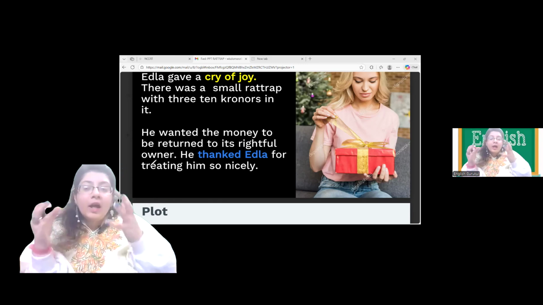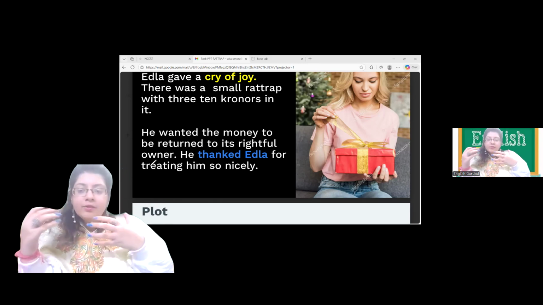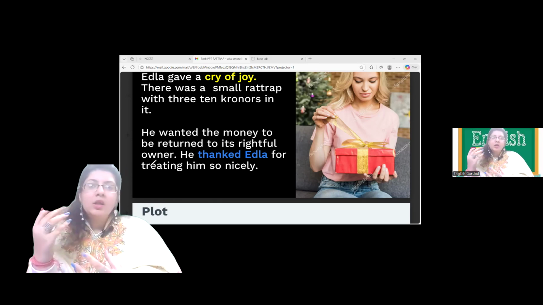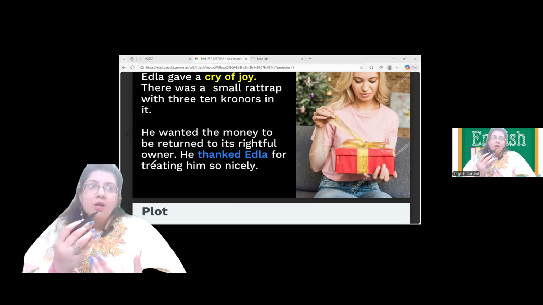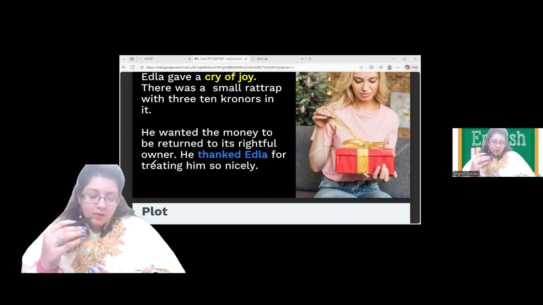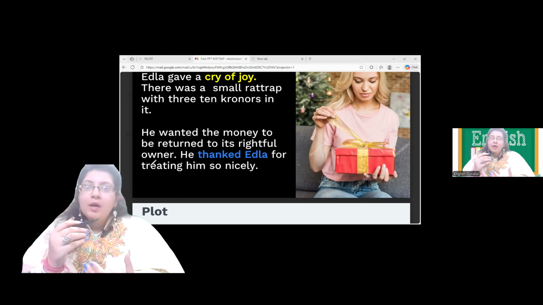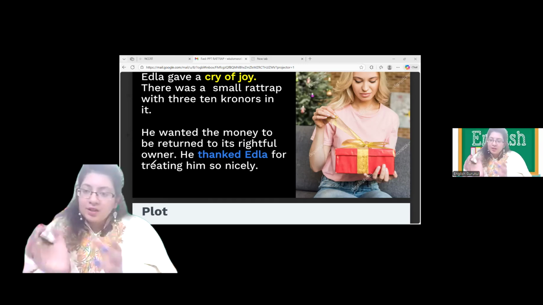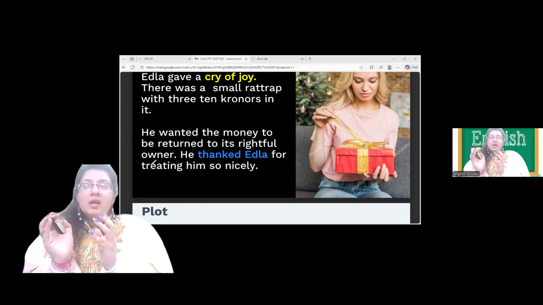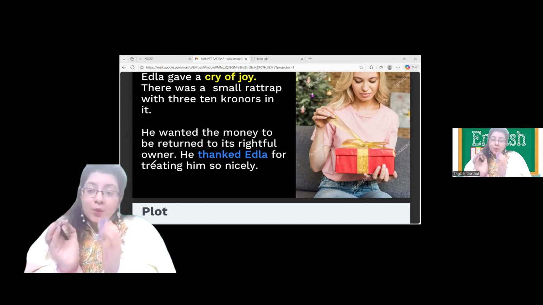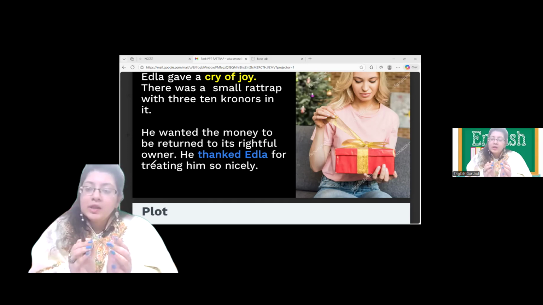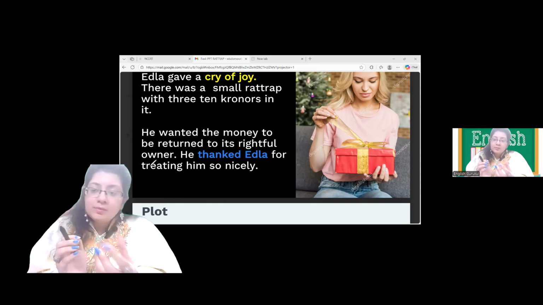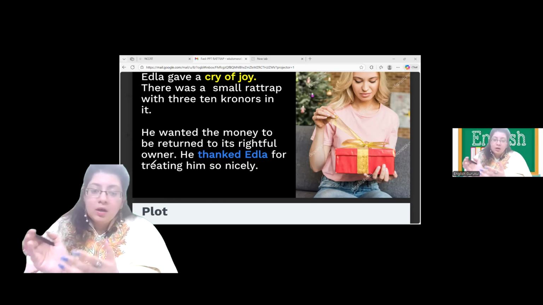In reality, there's an innate goodness that resides within us, but as a result of people's actions, because people aren't so nice or kind, we tend to become a person that we are not, right? But here, because of the inner goodness and kindness of Edla, despite knowing his flaws, despite knowing that he had not spoken the truth, she kept him at her home.